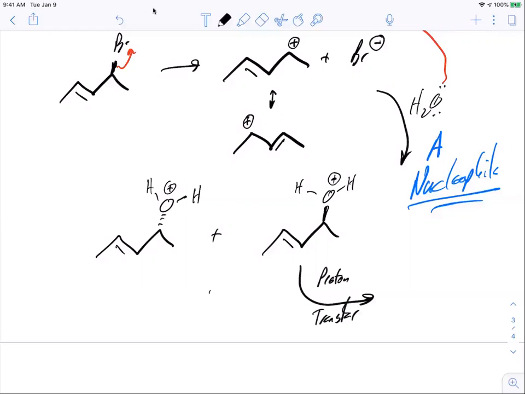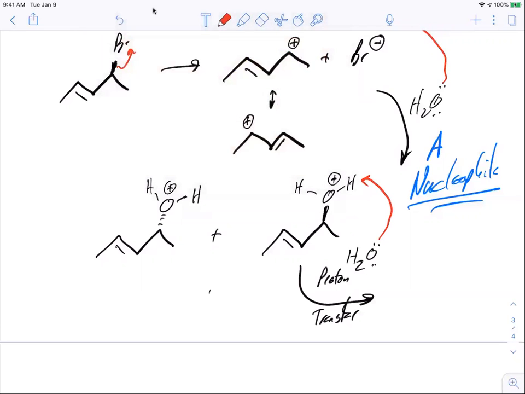And this is common. You'll have many reactions where you have to have a proton transfer to get the reaction started, or you need a proton transfer to get the reaction completed. And here, the only thing that we have for a proton transfer is water. So the water in this case is both the nucleophile and my proton transfer reagent.